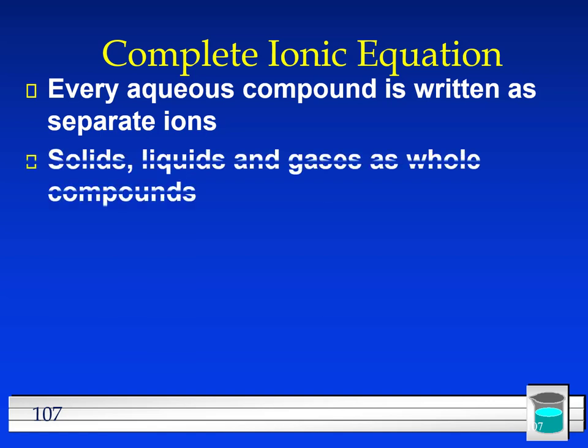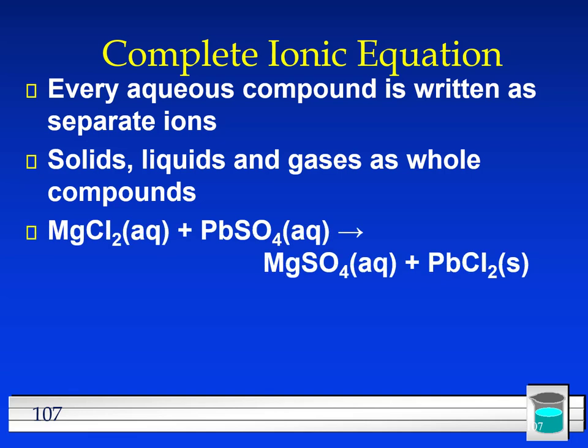Solids, liquids, and gases are written as whole compounds because they haven't fallen apart into ions. A solid, the ions come together. It doesn't have a charge anymore. Compounds don't have a charge. Gases don't have a charge, because if they had a charge, they'd be able to hang on and they wouldn't be gases anymore. And liquids, that's the reason why making water causes a double replacement reaction to happen, because you're taking separate ions and putting them together. That's the liquid we usually make.